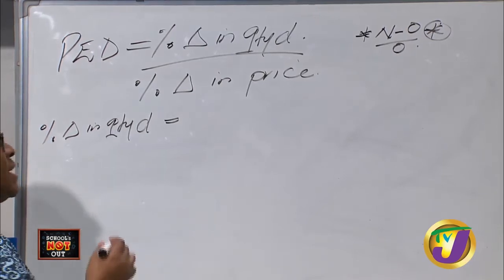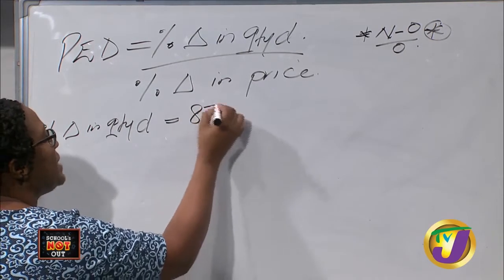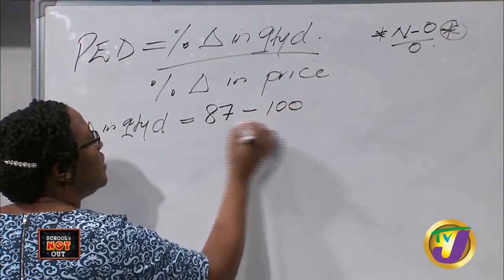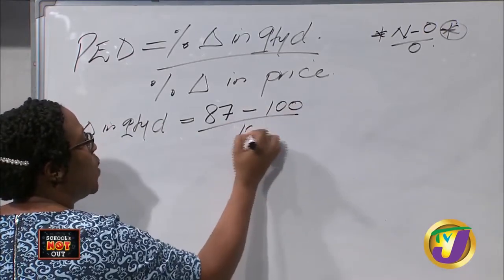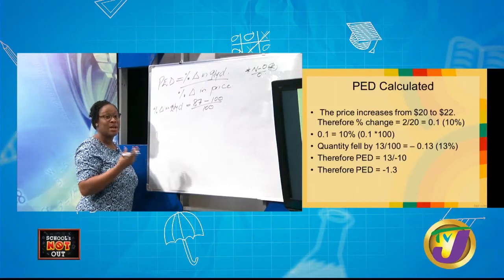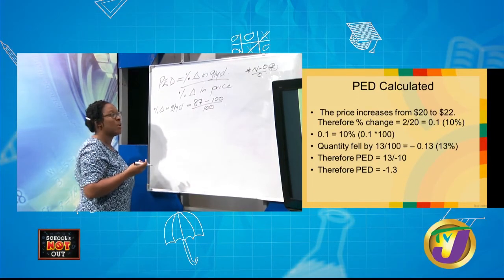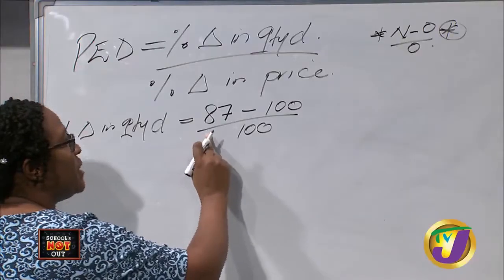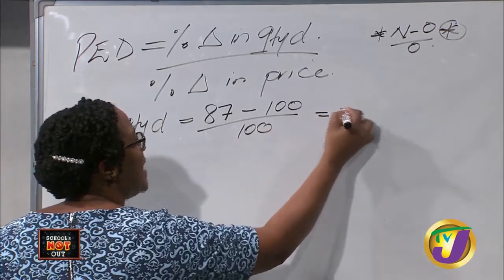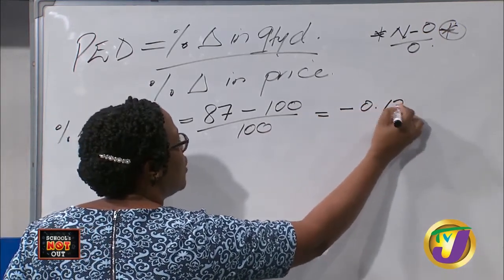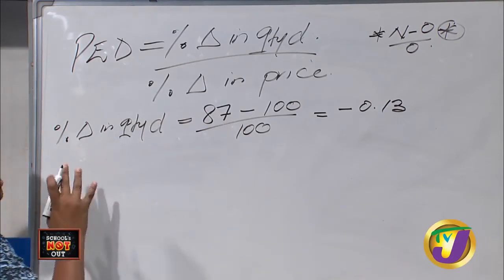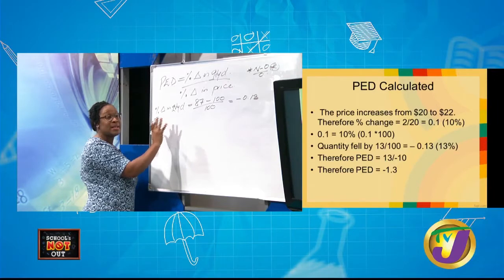So the new quantity is 87 minus the old quantity, which is 100, divided by old quantity, which is 100. And I'm sure by this you are taking out your calculators and you are working along with me. So 87 minus 100 divided by 100, you're going to get a negative 0.13. So we are done with that part, looking at the percentage change in quantity demanded.